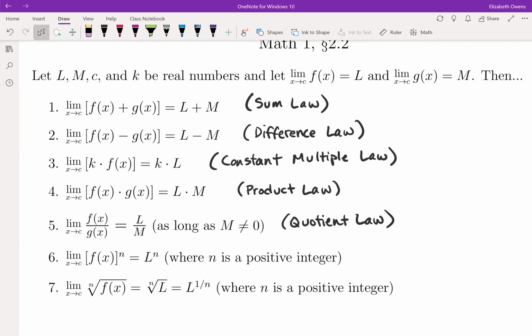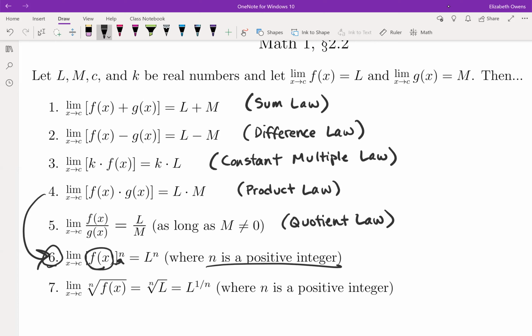Now we kind of take law number 4 up a notch. Law number 4, the product law, you would multiply one function times another. Here in law number 6, we are raising a function to some power, the nth power.